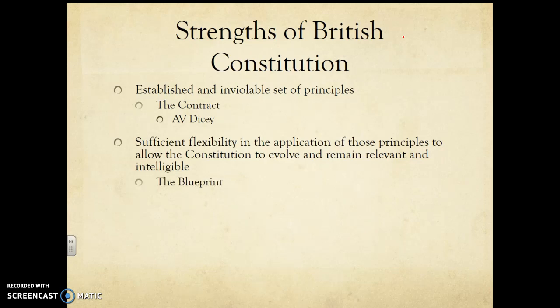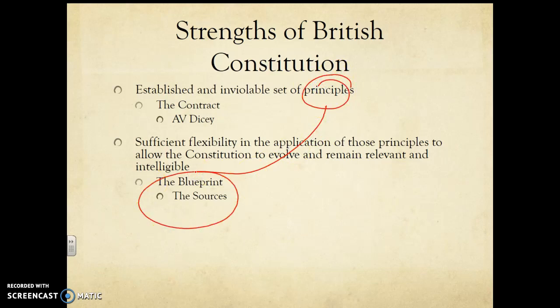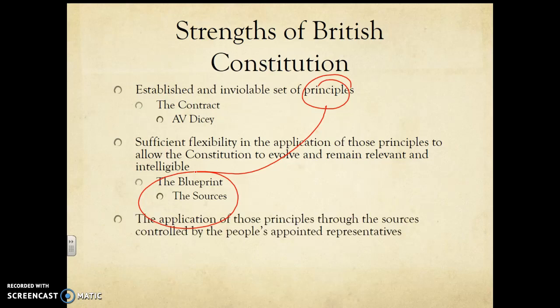And this is the blueprint. These are the sources that we get very excited about. So we have the contract, we have all of these principles, and again, the principles are given shape and form by the sources. And finally, and perhaps most importantly, the application of those principles is controlled by the people's appointed representatives. That is democracy. The rule of law and parliamentary sovereignty and parliamentary government means that Parliament sits in the heart of our political system.